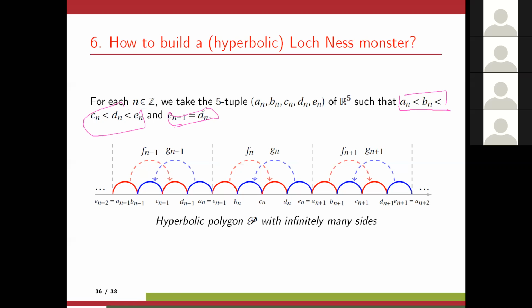You draw a strip having endpoints an and en, and over there you draw the 5 half circles with the respective Mobius maps, so that these Mobius maps identify half circles by pairs in each one of these strips.